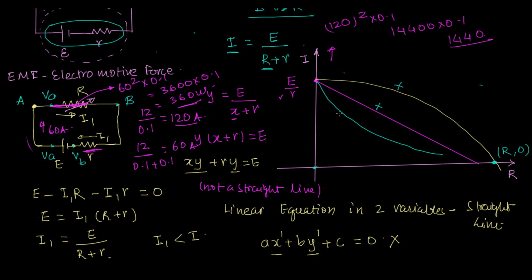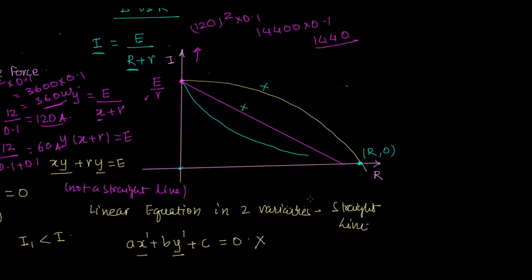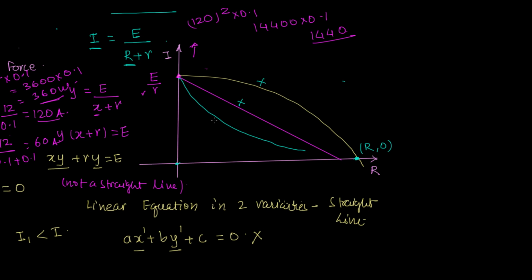Then this is asymptotic. You know what we mean by asymptotic? That this starts tending to 0 as I make the R very high, or as R tends to infinity.